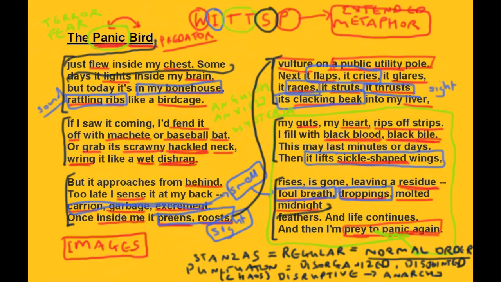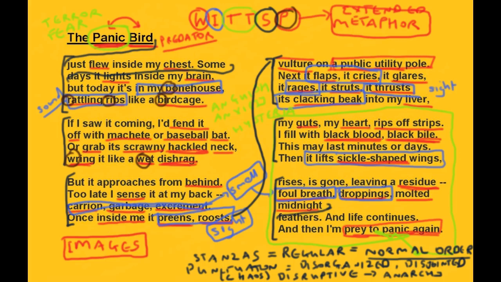I'm returning quickly to the idea of poetic devices up here. We said that an extended metaphor was the entire poem. We do have some other things. If you look at bone house, bird cage, ringgit, like a wet dish rag, rattling ribs, where else have we got?